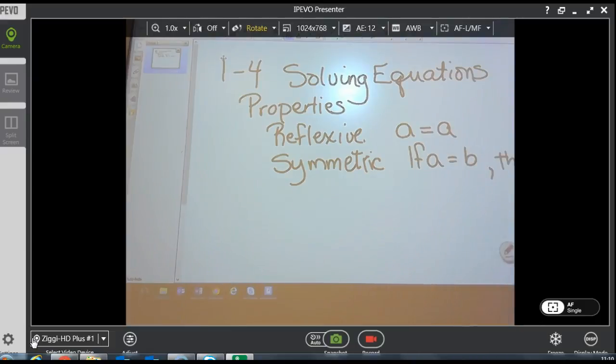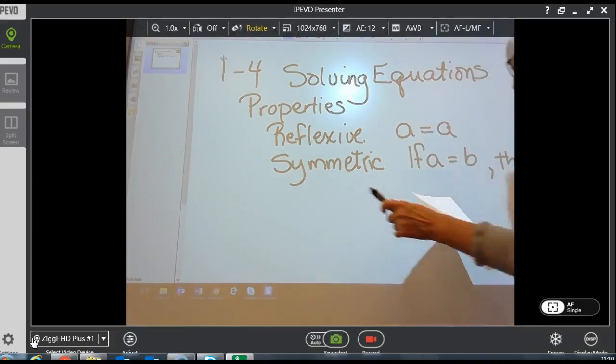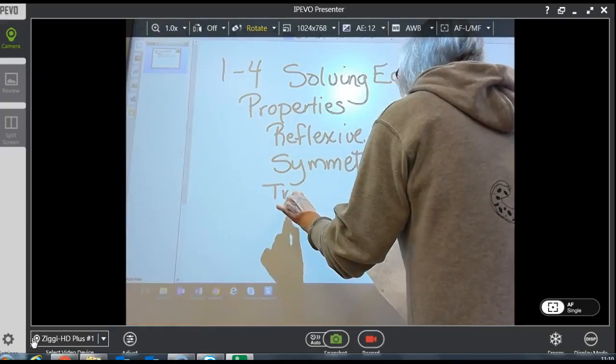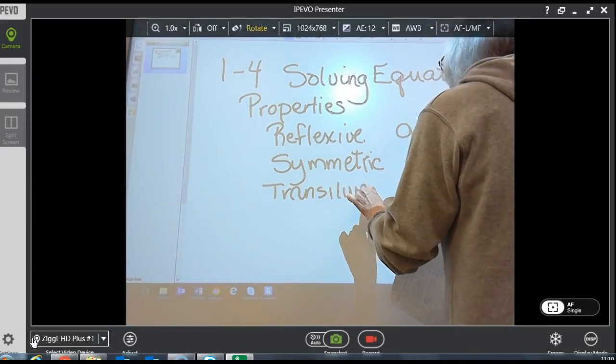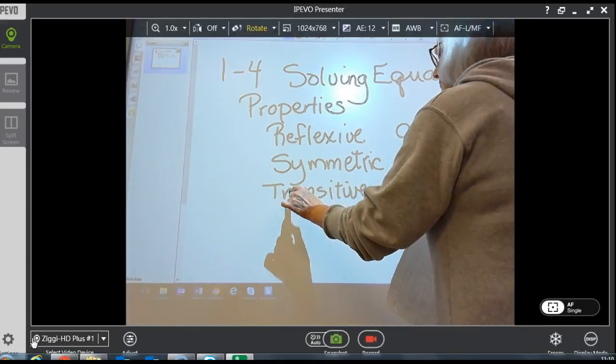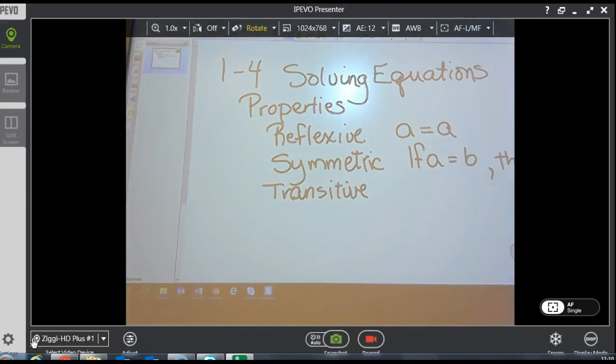With transitive, I always think of transportation. Oh, wait. No, that's not what I want to think with this one. Never mind. I lied.